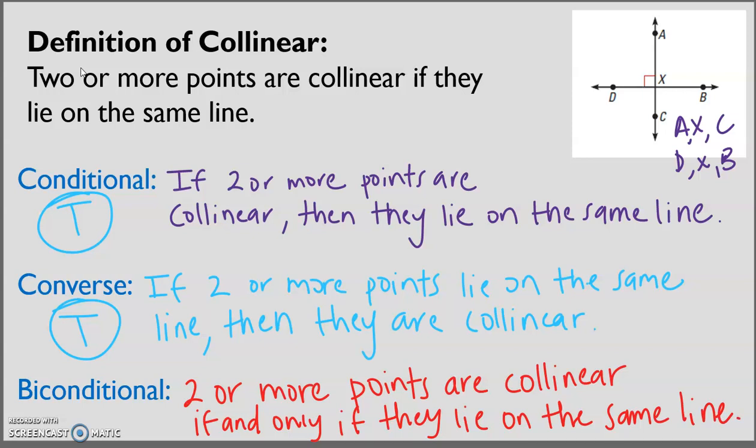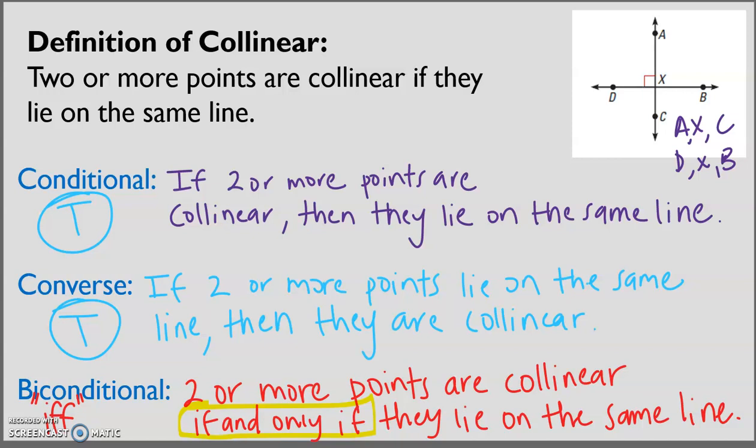So notice, this is not an if-then statement. We've turned it into a biconditional statement where we use the words "if and only if" in the middle. Now, one other thing I will write off to the side is you can write IFF as shorthand notation. So instead of saying "if and only if," you could put IFF, and IFF stands for "if and only if."